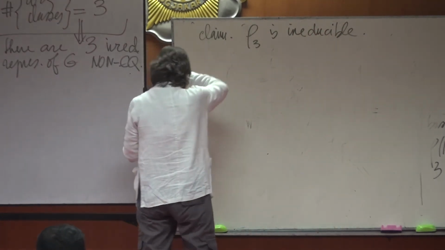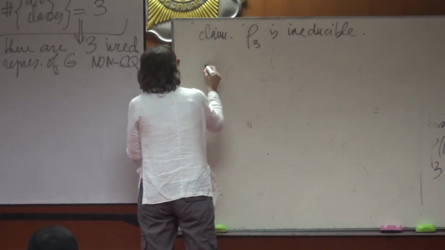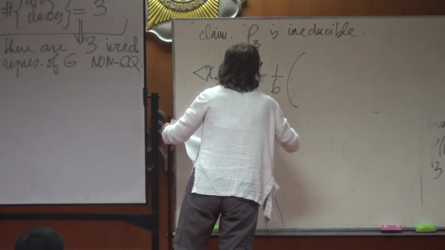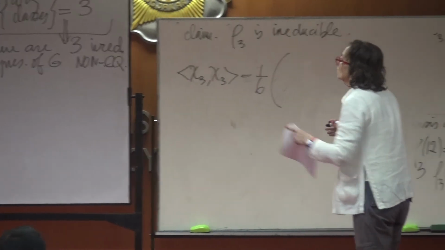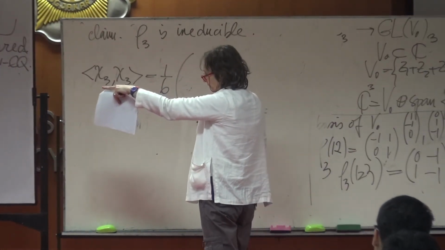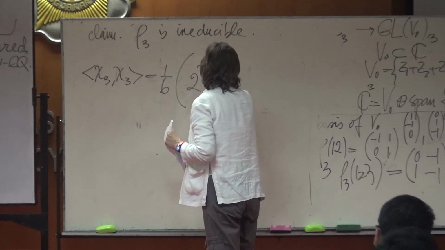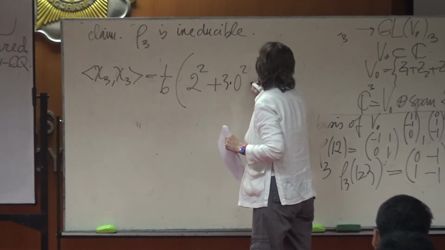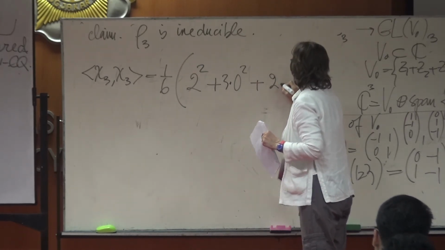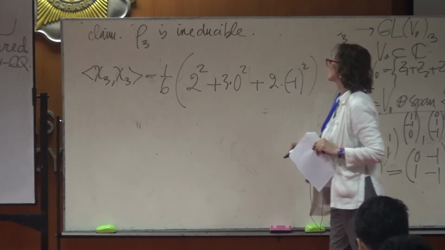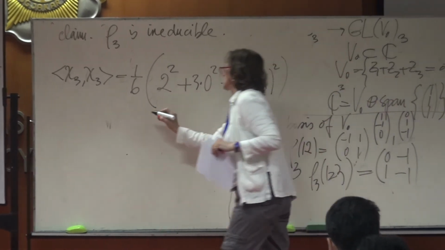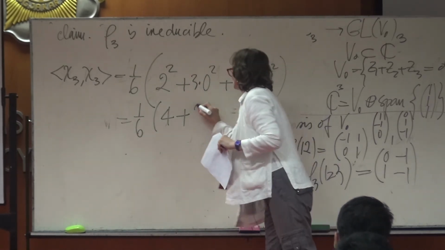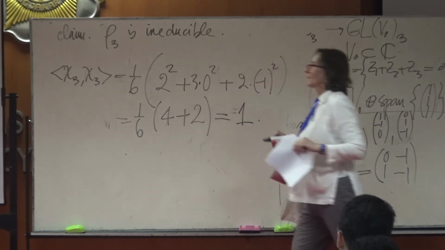In fact, I can do chi3 is equal to 1/6, and now I have to do 2 square plus 3 times 0 square plus 2 times -1 square. So you see what you get. This is 1/6 times 4 plus 2. You see? Is 1.